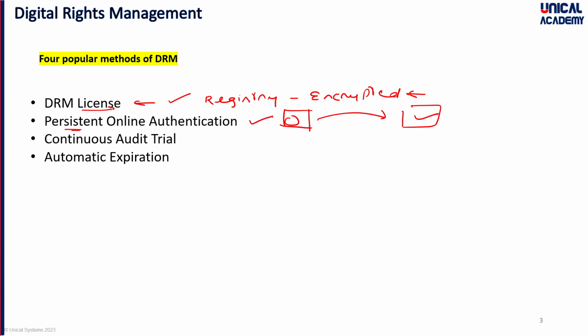That is the persistence. The third one, continuous audit trail, is some sort of hybrid version of persistent online authentication plus the DRM license. So it runs on its own, but periodically it goes and checks whether it is valid or not.